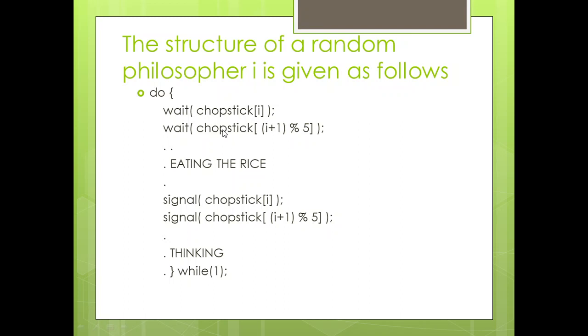Then the eating function is performed. After that, the signal operation is performed on chopstick[i] and chopstick[(i+1)%5]. This means that philosopher i has eaten and put down the chopsticks on his side. Then the philosopher goes back to thinking.